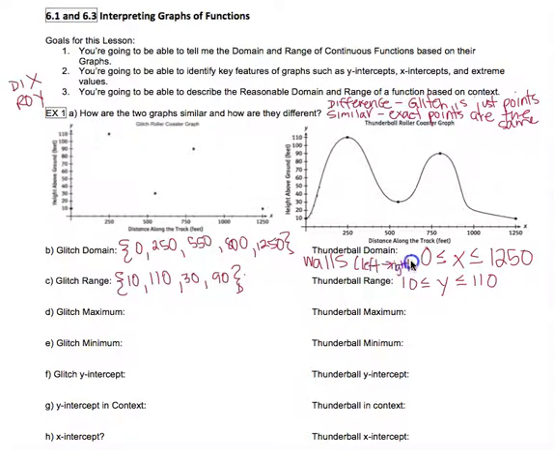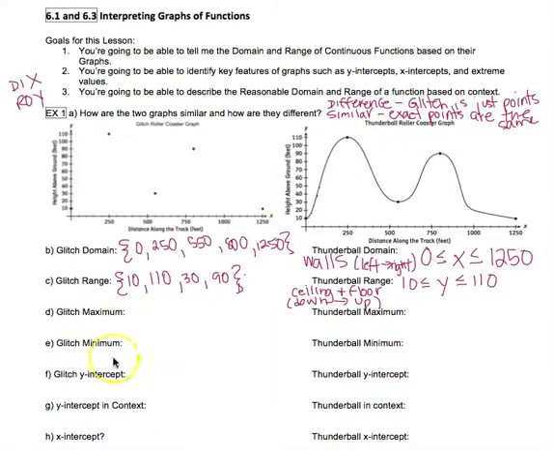So if you look at it in the sandwich, leftmost goes on the left side, rightmost goes on the right side. For the range, we're looking for the ceiling and the floor. So that means we're looking down and then we're looking up. So down to get the lowest value, up to get the highest value.